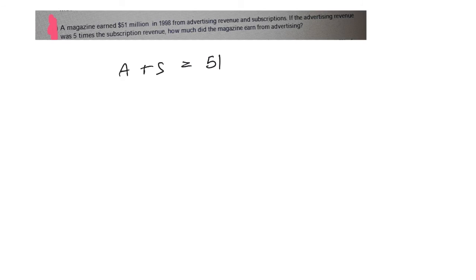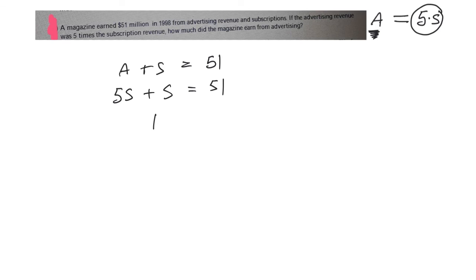Then they say advertising is or was 5 times subscription. So then what I do is I take this 5s and plug it in wherever I see an A. So here's an A, so this would be 5s plus s is equal to 51 million.